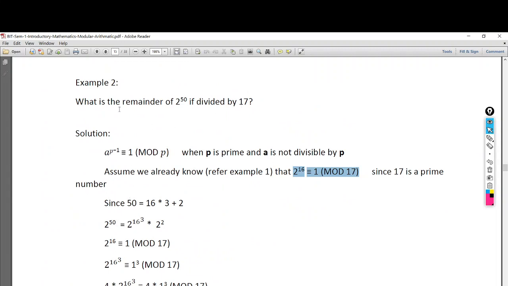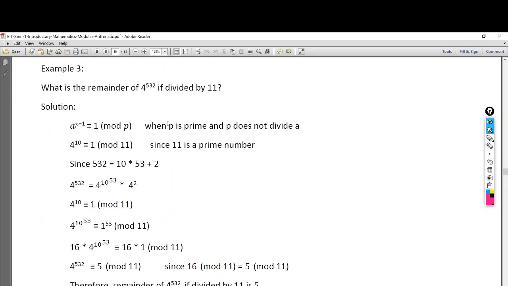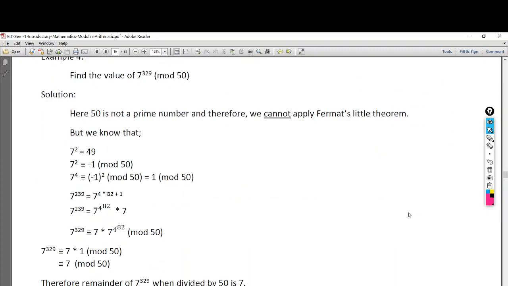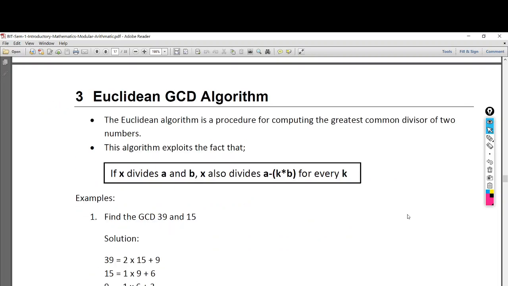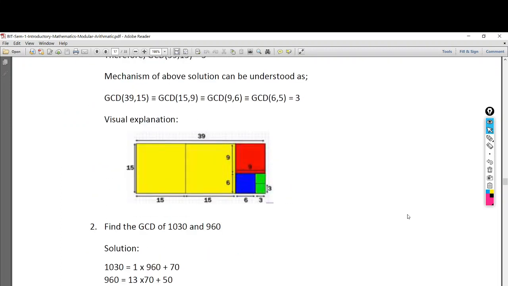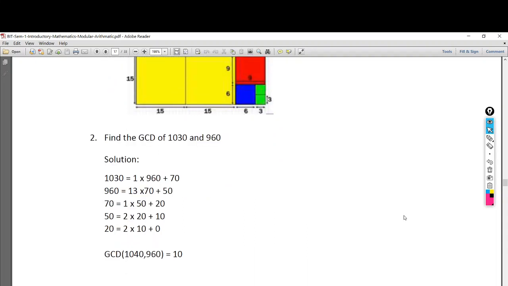The second use of Fermat's little theorem is finding the inverse value. So you can use Fermat's little theorem to find the inverse value, and also we can use this Euclidean algorithm and the GCD to find the inverse of a value. So that is another reason why we are interested in the Euclidean algorithm, because finding GCD is going to be really helpful, especially for finding inverse values, okay?